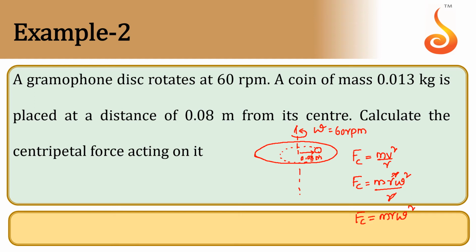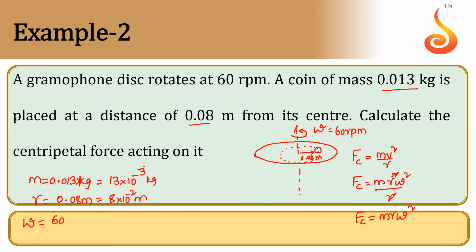We know mass is 0.013 kg, r is 0.08 and omega is 60 revolutions per minute. So mass is given 0.013 kg, so we can write 13 into 10 power minus 3 kg, and radius is 0.08 meters, which is nothing but 8 into 10 power minus 2 meter, and omega is 60 revolutions per minute.